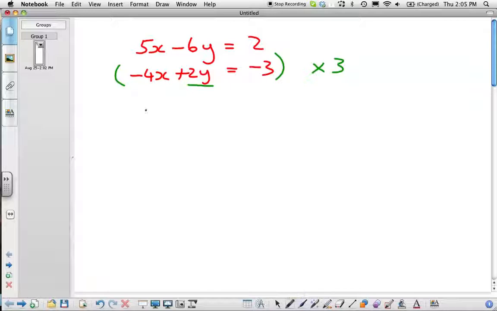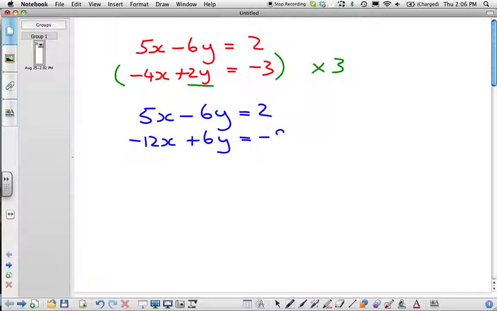I'm going to rewrite the top equation. I don't need to do anything there. Over 2, and then this is going to be minus 12x plus 6y is equal to minus 9. And now we see that we can just add the top equation to the bottom equation.